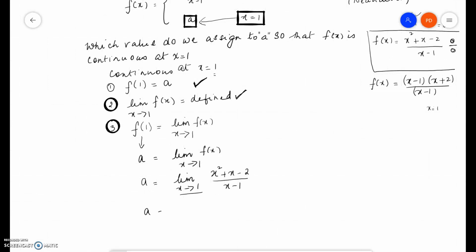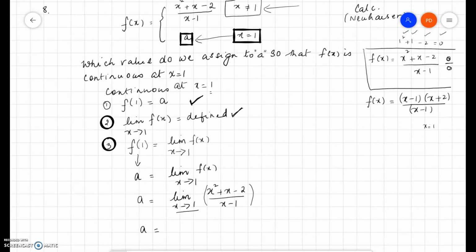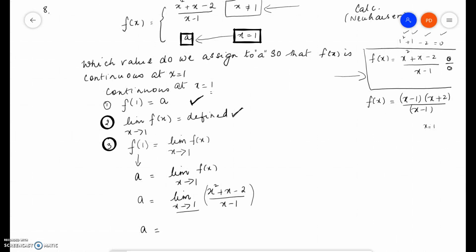So a is equal to the limit as x approaches 1. We first try substitution. When we substitute x equals 1 in the numerator, we get 1 squared plus 1 minus 2 equals 0, which is a 0 in the numerator. When we plug in x equals 1 in the denominator, we get 0 in the denominator.